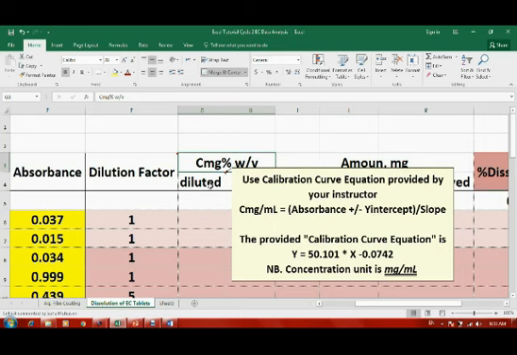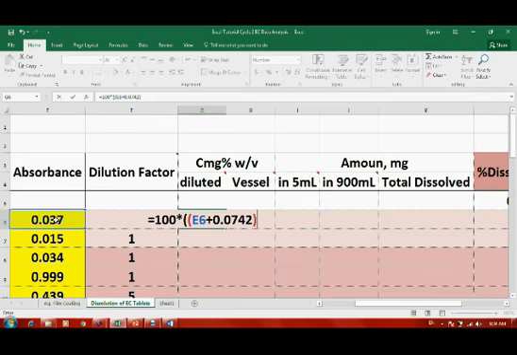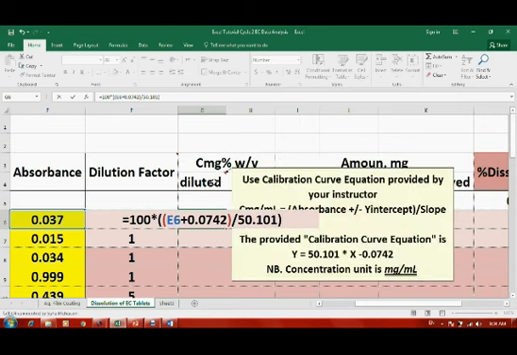To calculate the concentration of the sample, use the calibration curve equation provided by your instructor. As you can see, the concentration in the calibration curve equation is in milligram per ml. Here, the concentration is multiplied by 100. This is used to change the concentration unit to milligram percent.